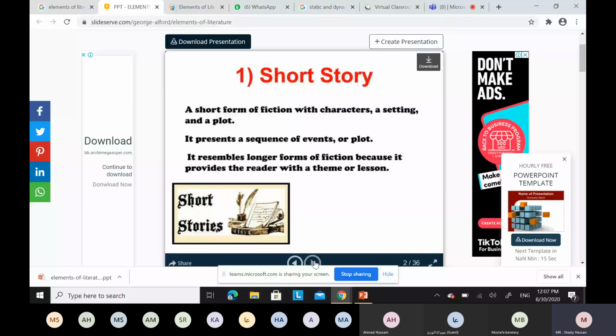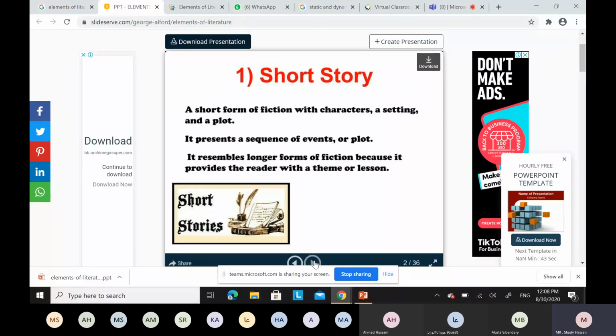You know what? When we are searching for the word story, we can find a synonym to this word. It's the novel. The novel actually is the story. So if you check the word novel, you're going to find it's a French word.